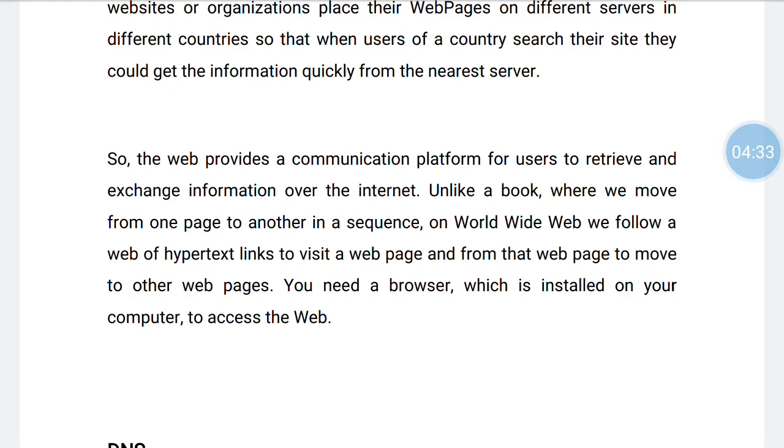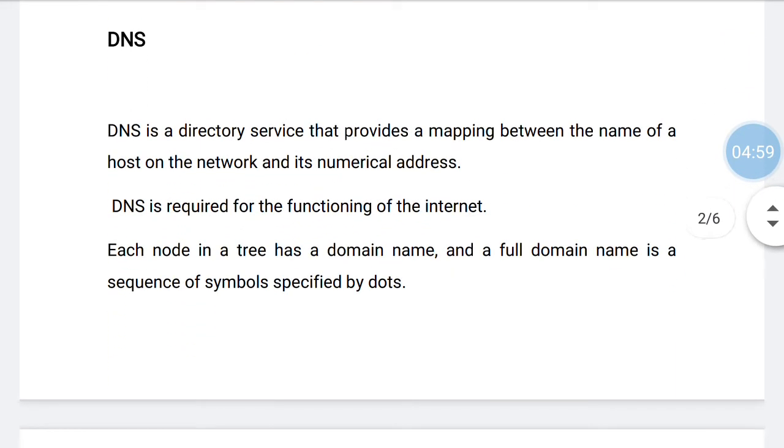So the World Wide Web was invented in 1989 by Tim Berners-Lee while he was working at CERN. It was originally developed by him to fulfill the need for automated information sharing between scientists across the world. So that was the brief introduction about the World Wide Web.